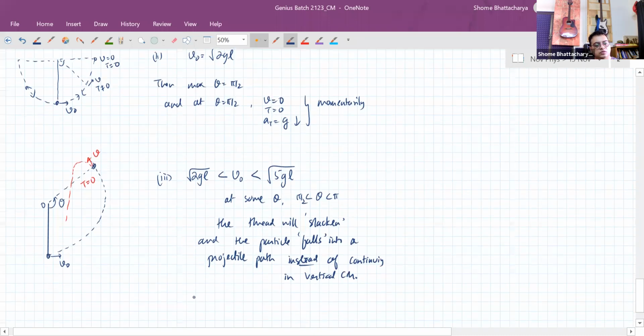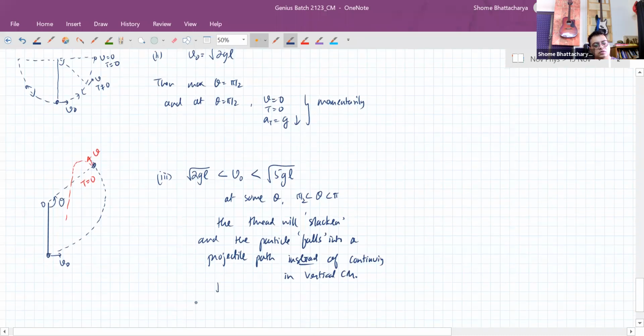So the condition for this to happen is that mg cos beta should be equal to mv square by L at some theta equal to pi minus beta.